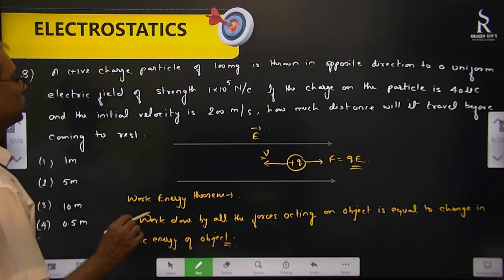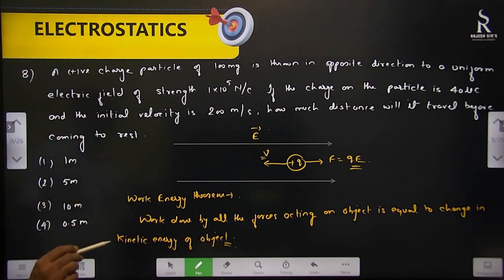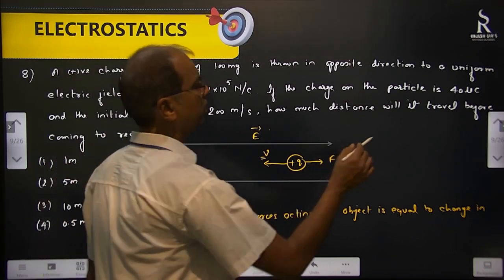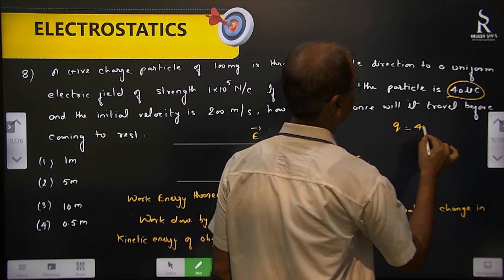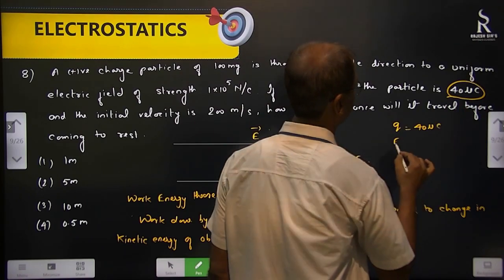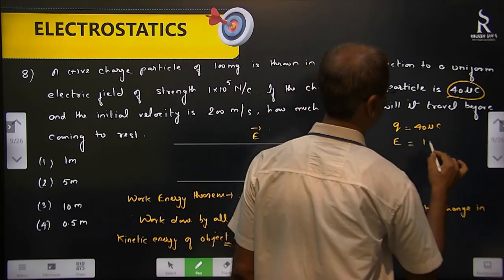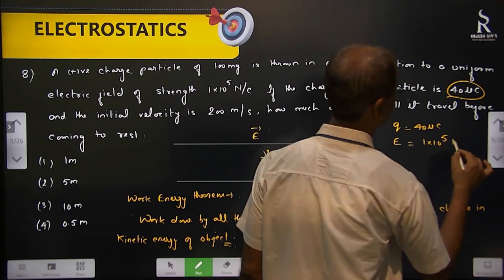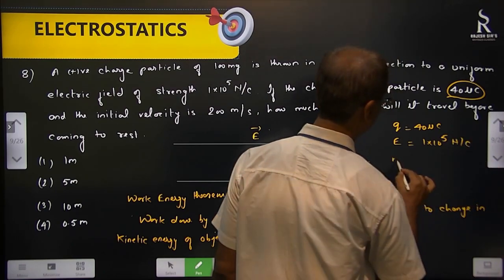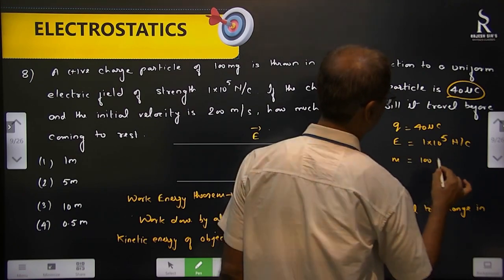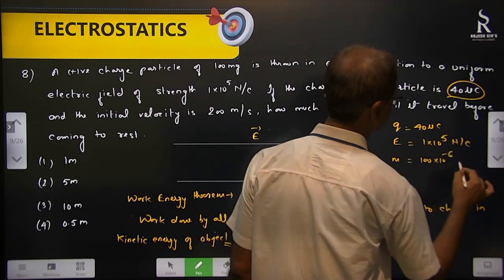So what is given to you is the charge on the particle. Yes, charge is given, 40 microcoulomb. Right, Q equal to 40 microcoulomb. E value is also given, 1 into 10 to the power 5 Newton per coulomb. Mass is also given, 100 milligram, remember. So 100 into 10 to the power minus 6 kg.